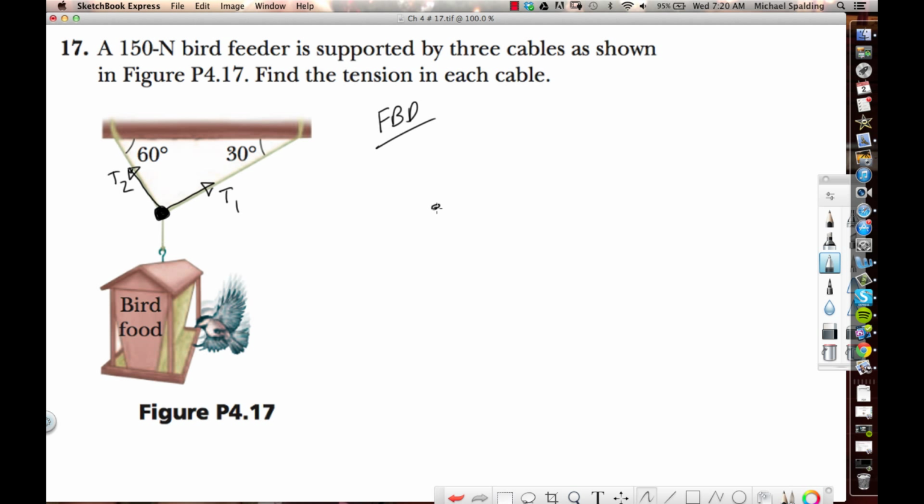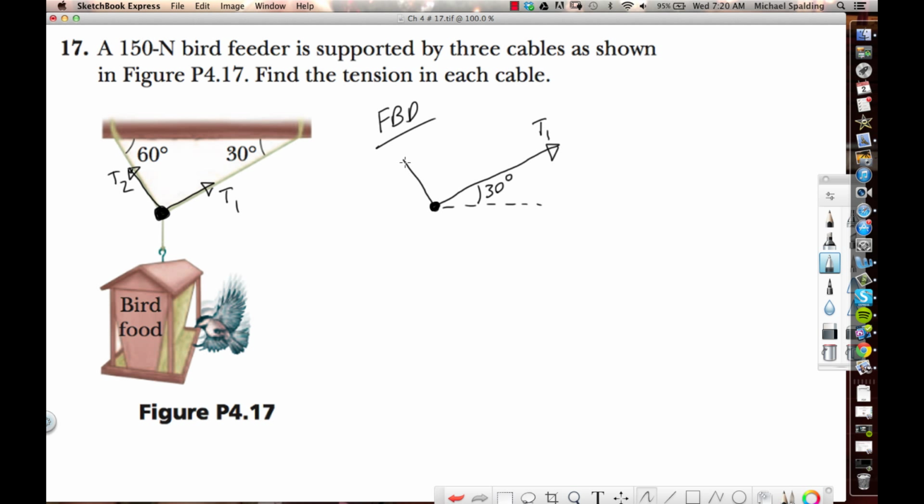So there's that point. So here's your free body diagram. How many forces are acting at that point? 3, the 3 tensions. So we have T1 going up like this. Here, let me make that bigger. Do a nice big one. So we got T1 pulling up like that, where this angle in here, always show your angle, off the horizontal, is 30 degrees.